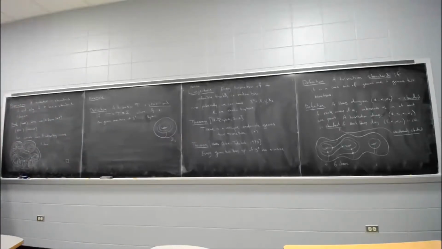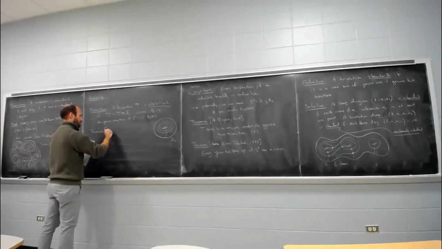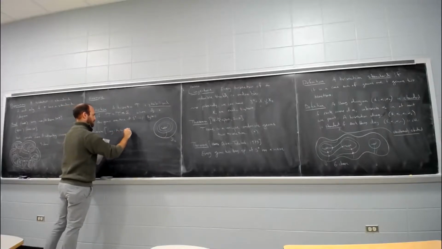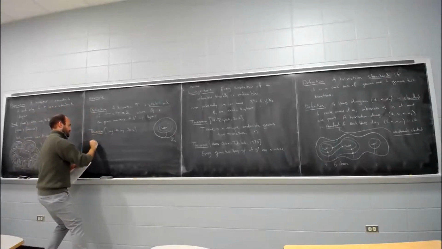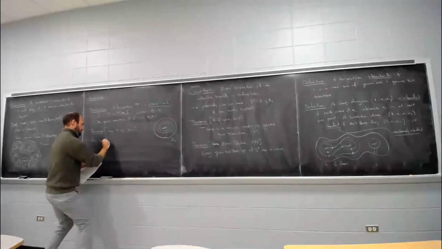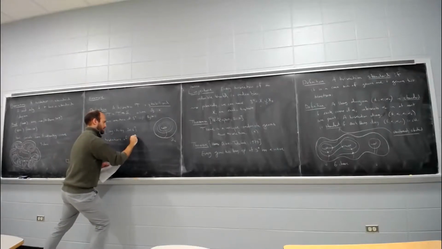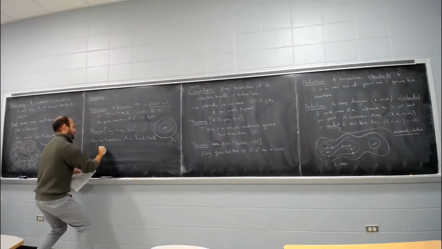Okay, and then the importance of this is, it's the main theorem of the first paper, which is that any 2 trisections of a fixed 4-manifold have a common stabilization.